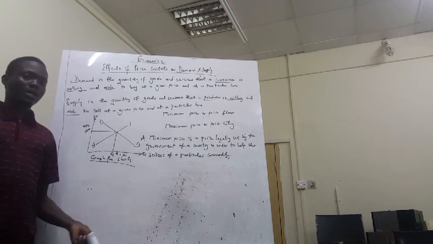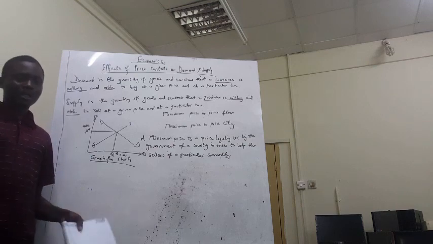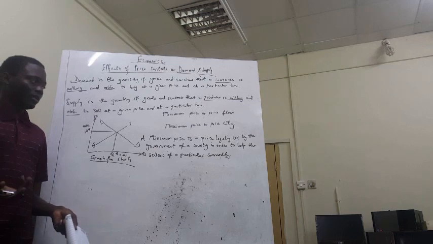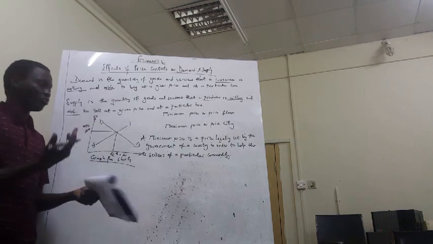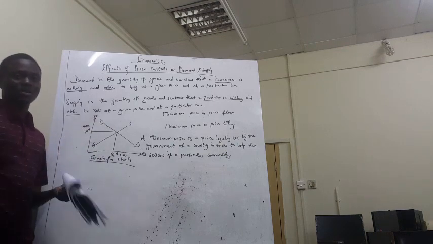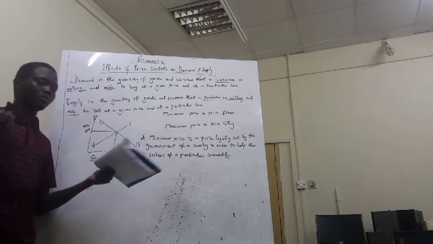Let's use the example of tomatoes. Then what do you realize? People start to price tomatoes anyhow, to the detriment of the sellers. So let's say a basket of tomato is supposed to be around 1,000 naira, but then the force of demand and supply worked in such a way that the equilibrium price is 300 naira, and then the equilibrium quantity is whatever it is.